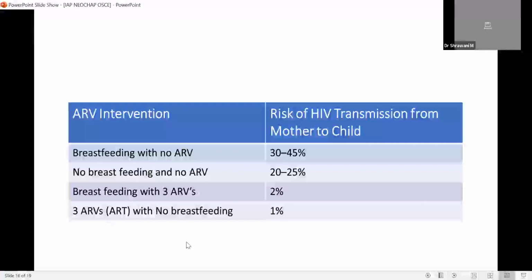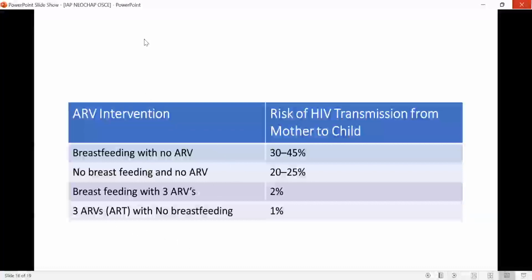Completed, sir. I think this point you have to emphasize that breastfeeding with 3 ARVs versus without breastfeeding, there's just a 1% difference in the transmission, especially if the mother is on ARV. So we need to emphasize very clearly to the patients that breastfeeding, especially when the mother is on ARV, is not at all a big contraindication.